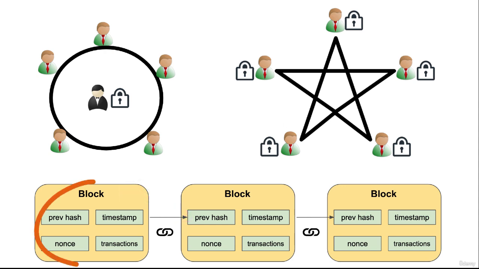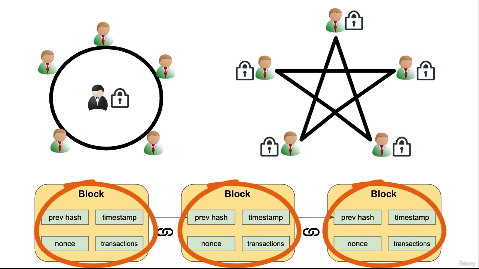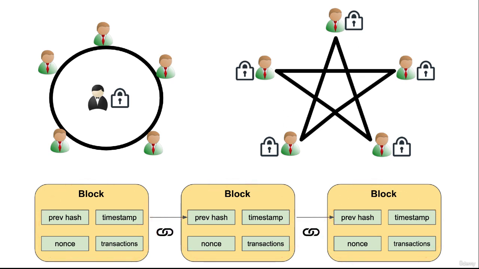We have our block, our next block, and our next block, and all these are linked together. This is how data is saved in the blockchain network. It's like there's a chain linking the blocks together, so that's why we call it blockchain.